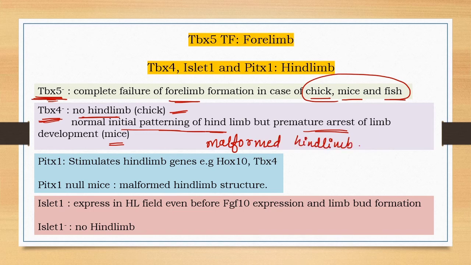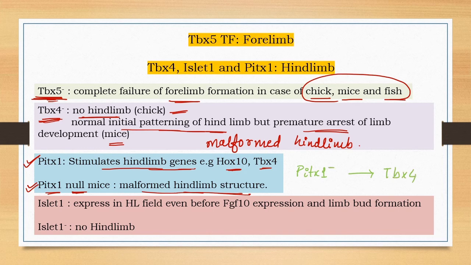Okay. Now the third one is the PITX1 gene. Its function is to stimulate hind limb genes, which are HOX10 and TBX4. And in case of PITX1 null mice, it shows malformed hind limb structure. Basically, we know that the PITX1 gene is responsible for TBX4 gene expression.